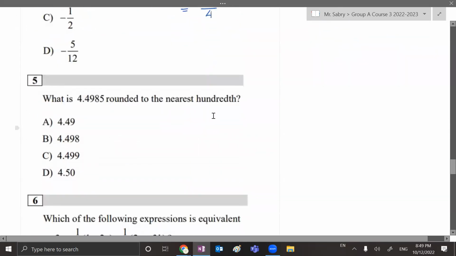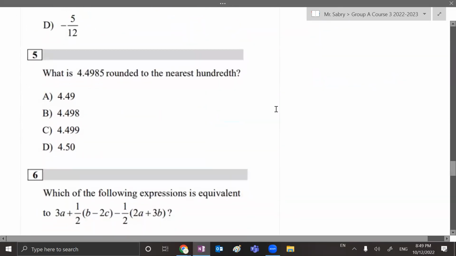Now to number 5. What is this rounded to the nearest hundredth? So the hundredth is this second number after the decimal point. That's what we call hundredth. You check the number after it, and because it's bigger than 5, then the 9 will be increased, which means it should become 10, which means it will increase the 4 as well by 5.